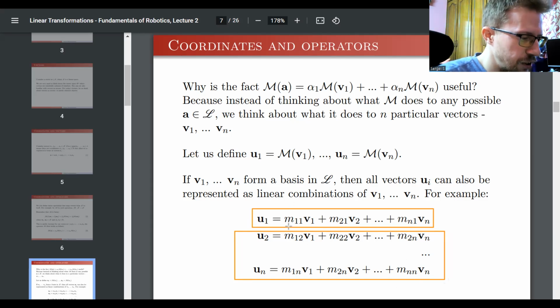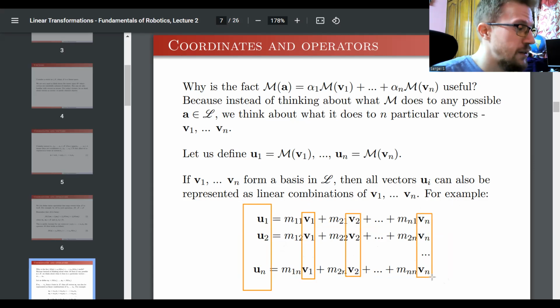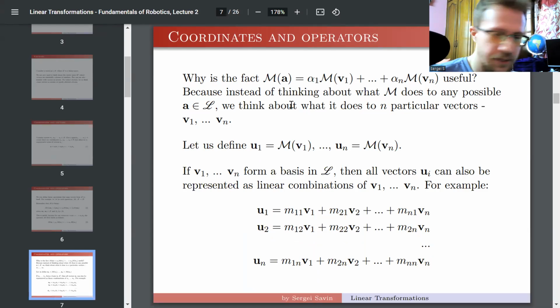We just introduce coordinates m11, m21, mn1, etc. So what we did here is that we expressed all vectors U1, U2, Un in terms of what you need to multiply V1, V2, Vn by, and add them up, to get those vectors. Questions?